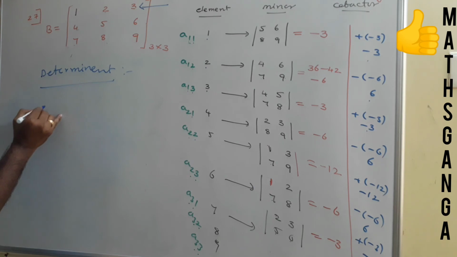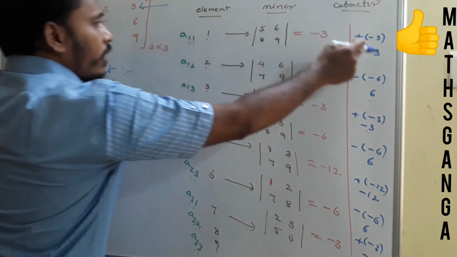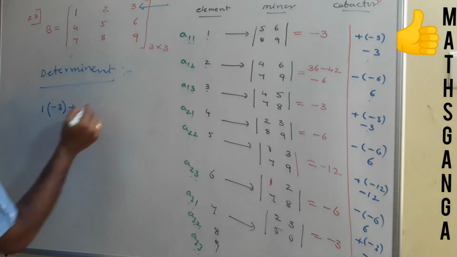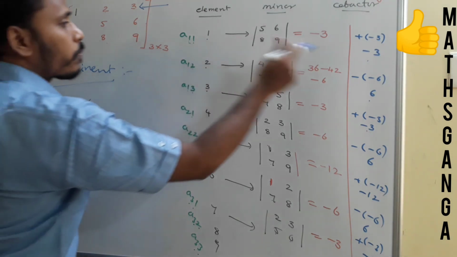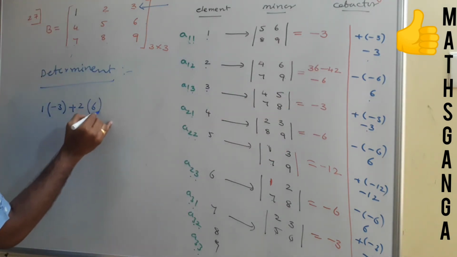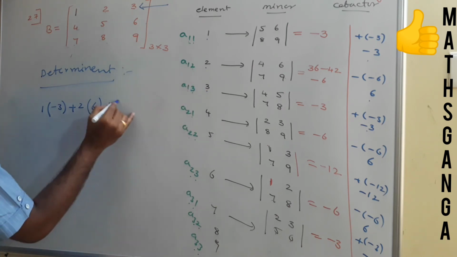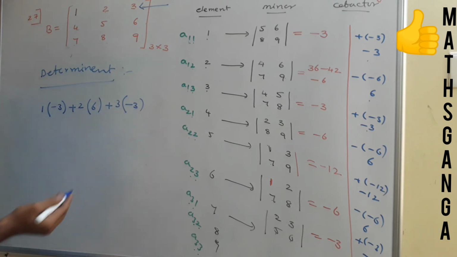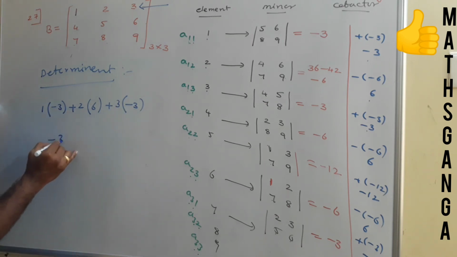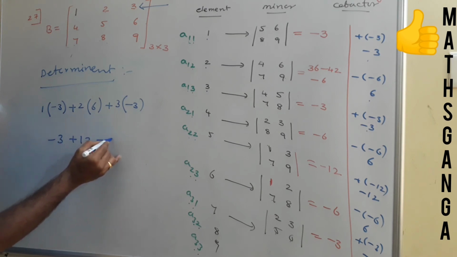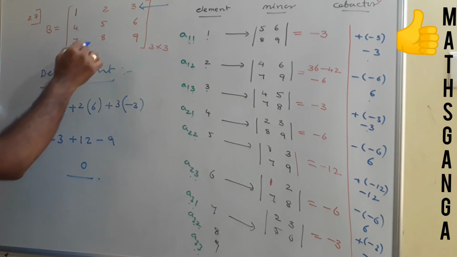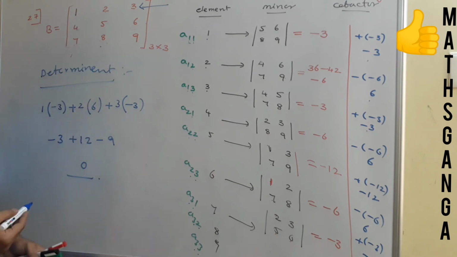So determinant is nothing but this first element 1 into its corresponding cofactor minus 3 plus second element 2 into its corresponding cofactor 6 plus third element 3 into its corresponding cofactor minus 3. There it ends. You just take any row and then multiply with their corresponding cofactors. So minus 3, plus 12, minus 9, and at the end the determinant is 0. So the determinant of this matrix is 0 just by this logic.